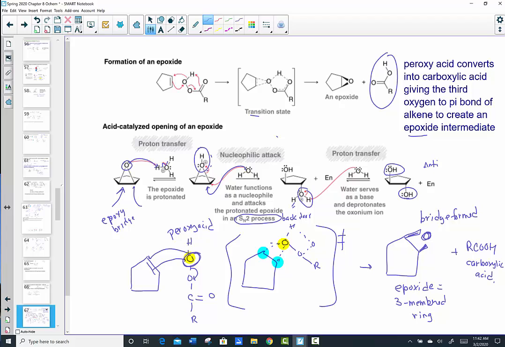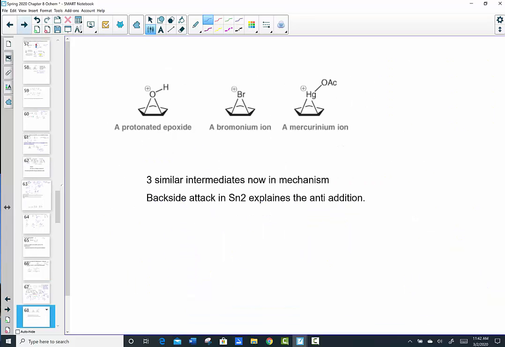And the trick here is to remember it's the bridge formation. That should look familiar. A protonated epoxide forms a bridge, no carbocation. Here are the two carbons that were in the pi bond to begin with. A bromonium ion forms a bridge, no possible rearrangements.